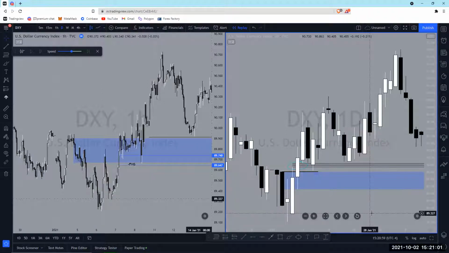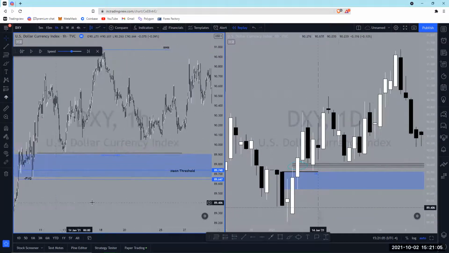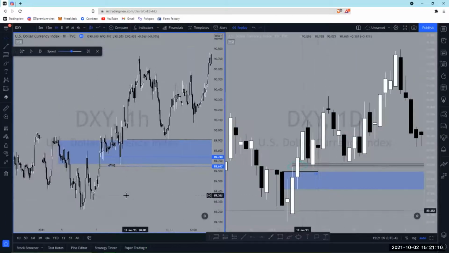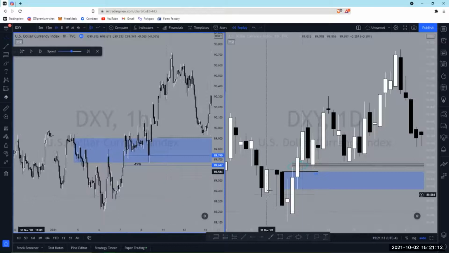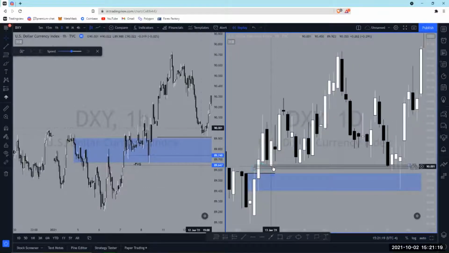Now, again, note how the bodies of the candles are respecting the fair value gap. The body of the candle stopped right at the 50% here. I mean, this is a very sensitive level in price.